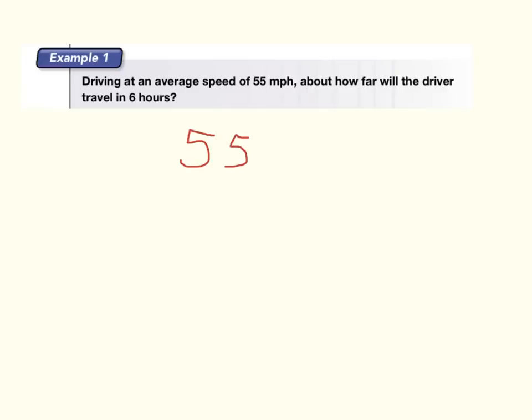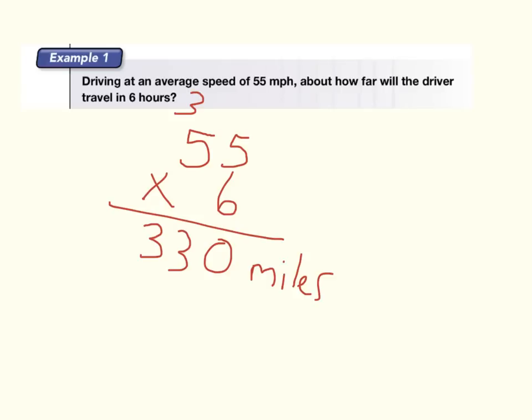So let's take 55 miles per hour, multiply it by 6, and you can do the math. And you should get 330 miles, and that's how far they can go at an average speed of 55 miles an hour. All right, let's do the next one.